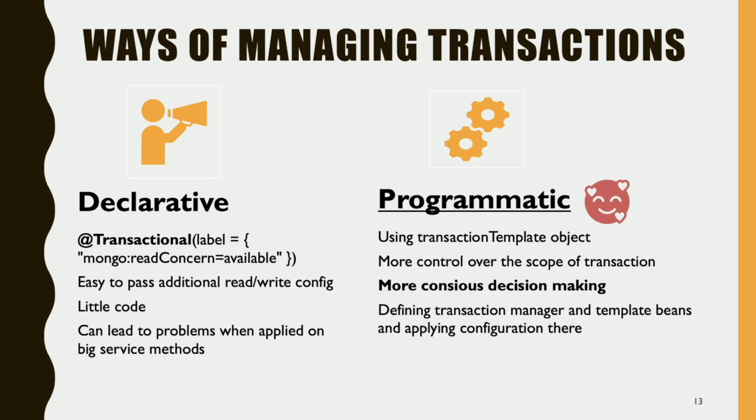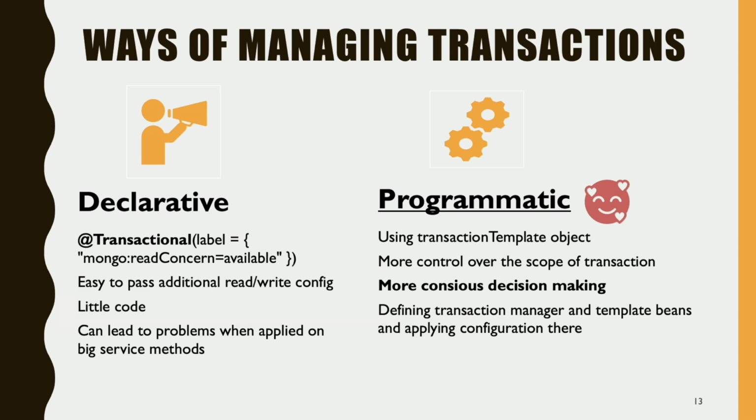And then we have the programmatic way, which can look a bit more manual because we have to explicitly use a transaction template object and then execute the transaction manually, and we are putting a block of code inside this transaction by ourselves. So it triggers more thinking in people, and it makes us take this decision more consciously.